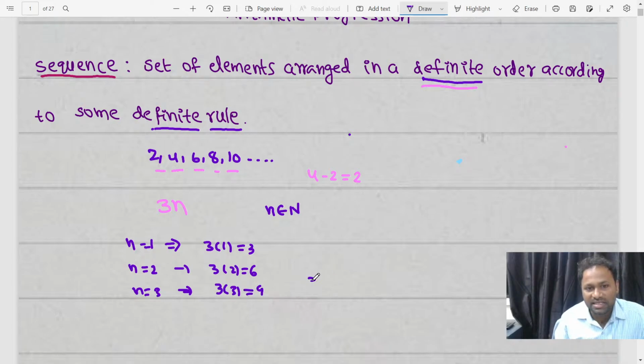So the order is 3, 6, 9 and so on. The particular definite order is 3n where n belongs to capital N.